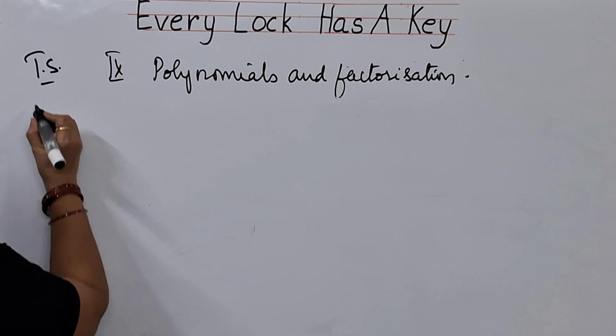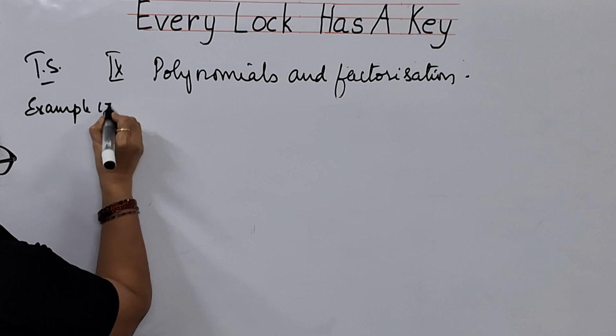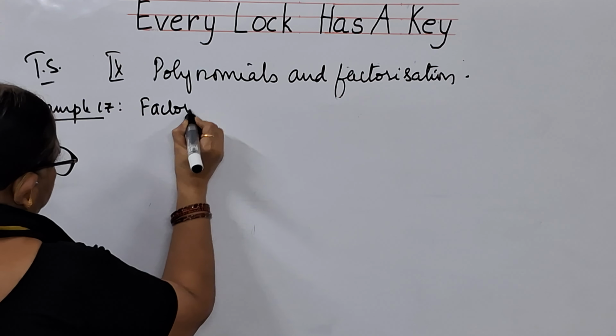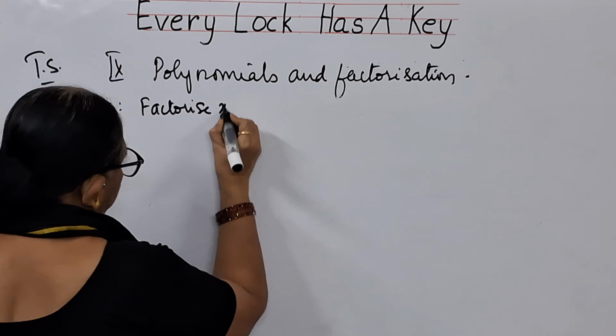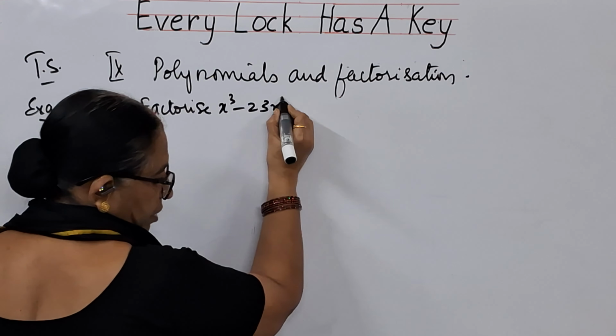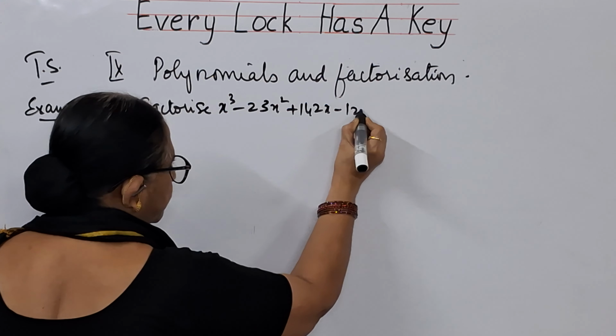Now, example 17, factorize x cube minus 23x square plus 142x minus 120.